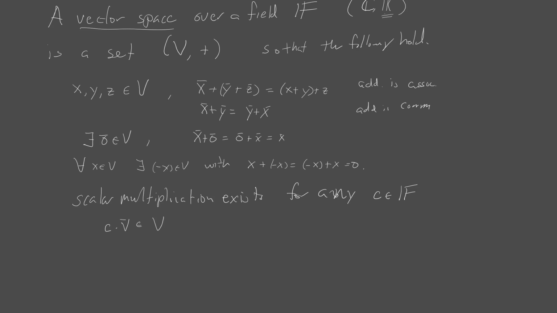So I can scale up or stretch out vectors in some sense. So for all v in V, c times v is in V. We want c times d times the vector v to be equal to c times d times the vector v. So scalar multiplication is associative.